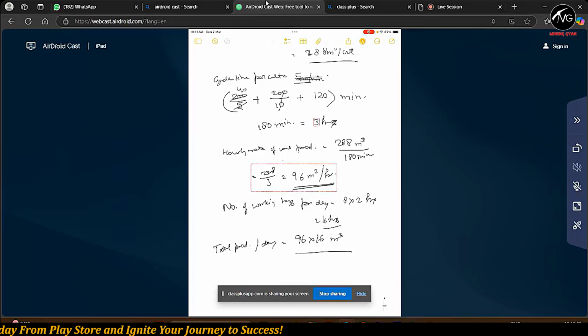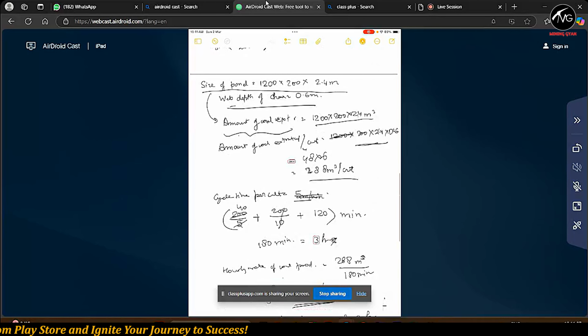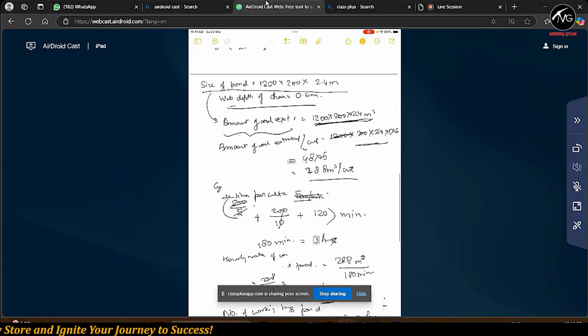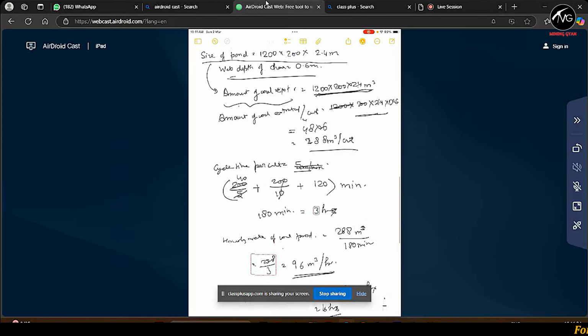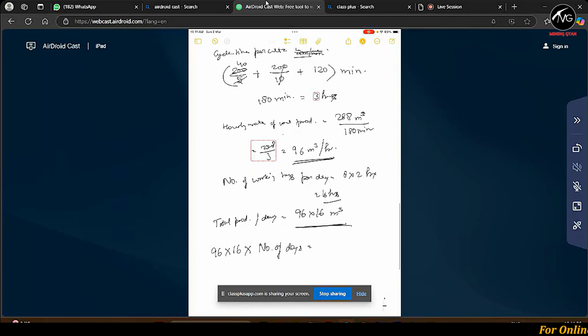Okay. Now the total amount of coal to be extracted is this, and the amount of coal extracted per day is this. So the amount of coal extracted per day, 96 into 16 meter cube, into the number of days of working, is equal to the total amount of coal to be extracted, that is 1200 into 200 into 2.4.